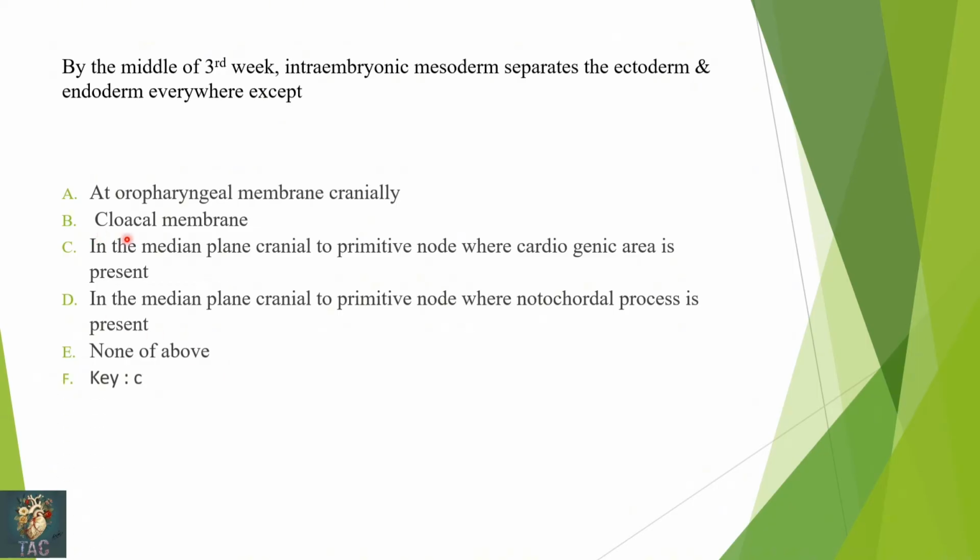It is present at the oropharyngeal membrane. Here the endoderm and ectoderm are present with no intervening mesoderm. Similar is the condition at the cloacal membrane, and also where the notochord is present in between ectoderm and endoderm. So the answer to this question is C, which is an incorrect option.